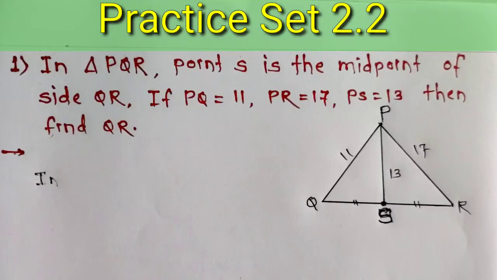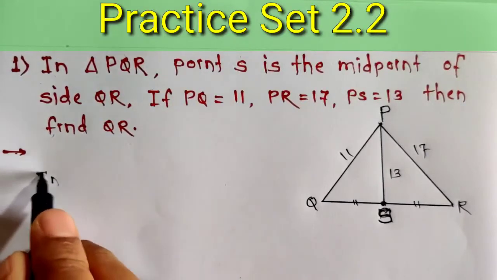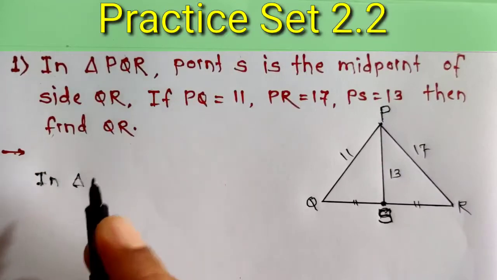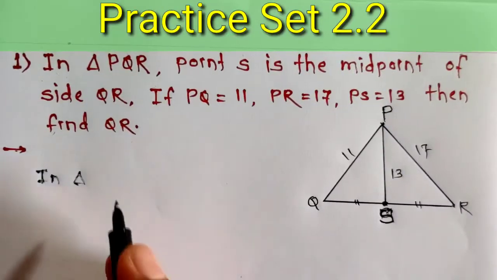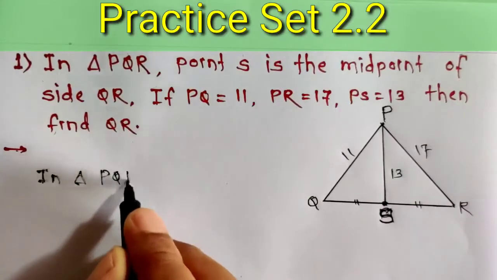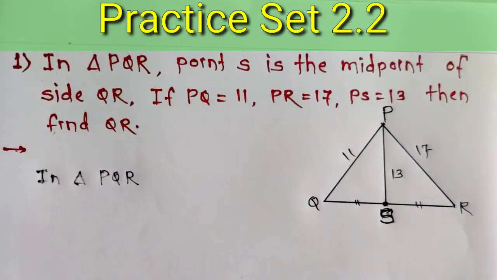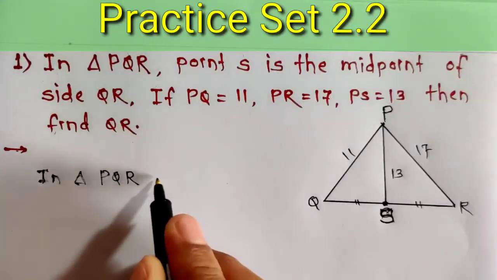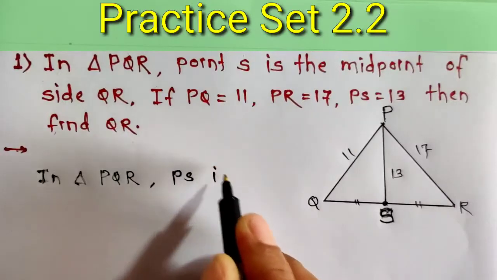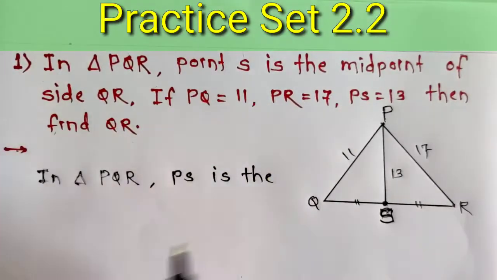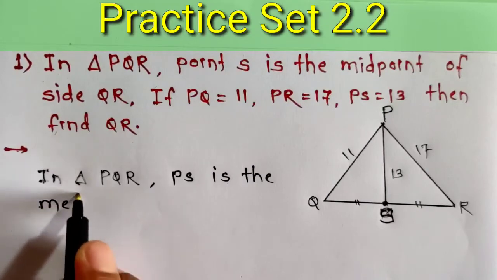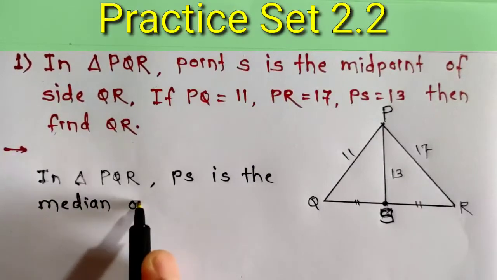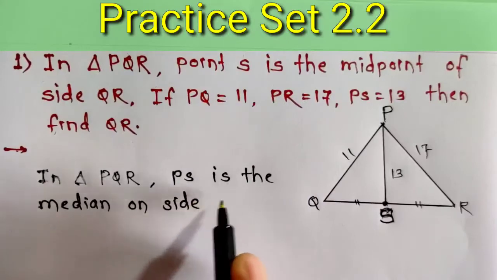In triangle PQR, PS is the median on side QR.